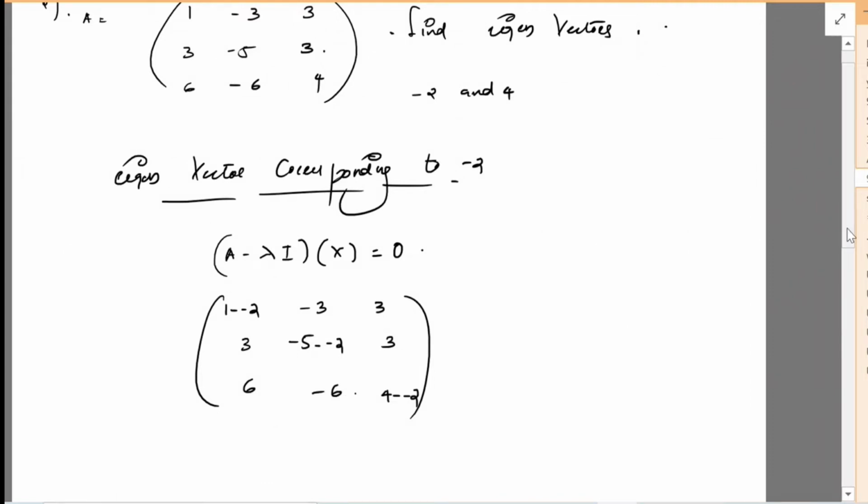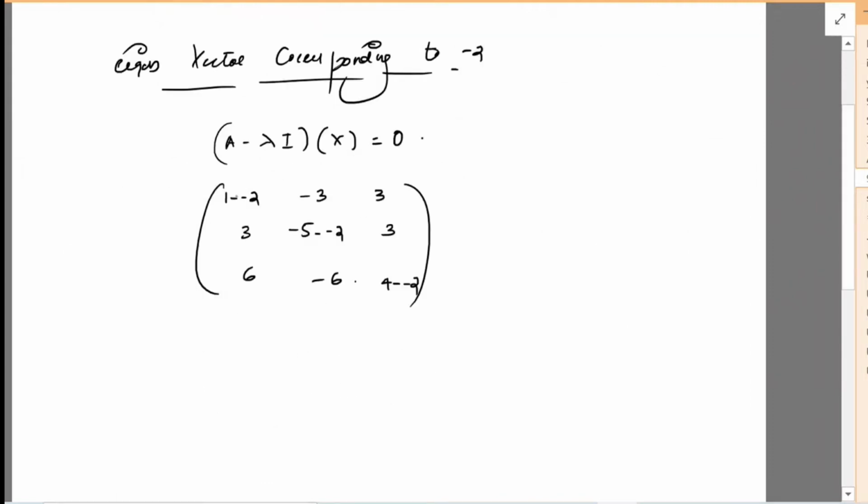Okay, so this matrix will have 1 minus minus 2, which is 3, minus 5 minus minus 2, that is minus 5 plus 2, which is equal to minus 3, and 4 minus minus 2, which is 6.